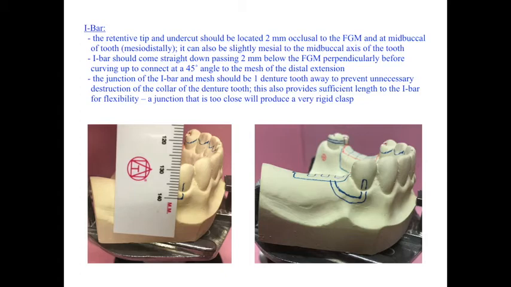You should imagine that. I saw some of you draw a little bit too far. That is not ideal. It will be just between 2 teeth there. Also, you should have 1 millimeter for the width of the I-bar.